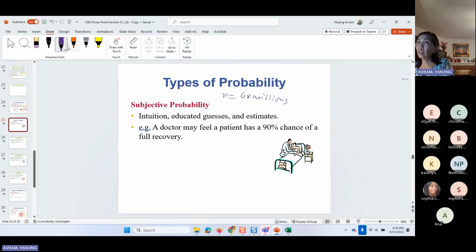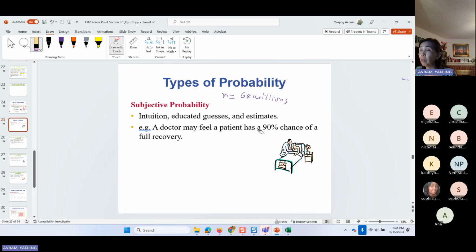Subjective probability is based on an educated guess or estimate, right? So a doctor might feel a patient has a 90% chance of full recovery. Well, because the doctor has gone through medical training, they can kind of estimate that way, right?